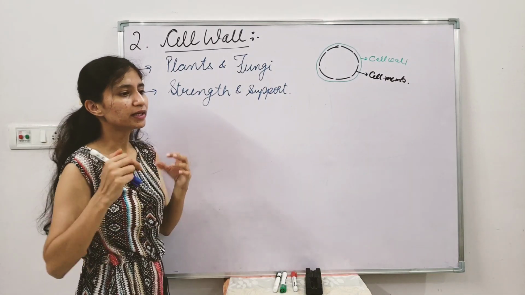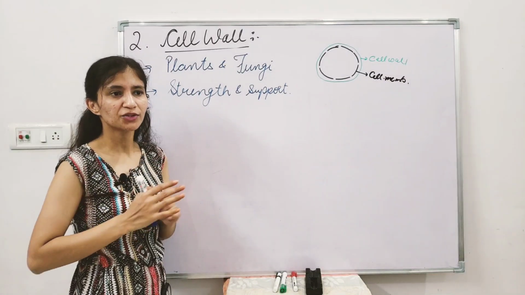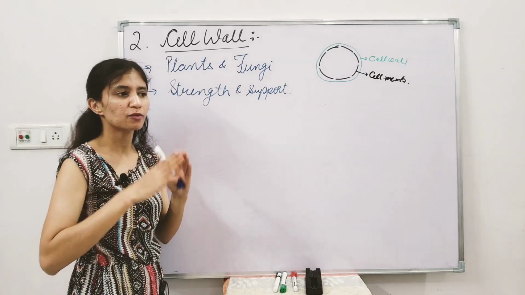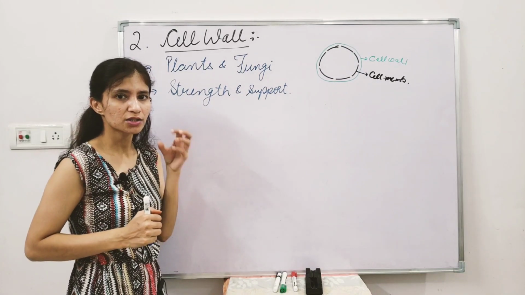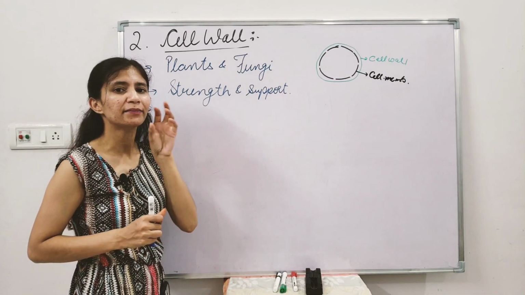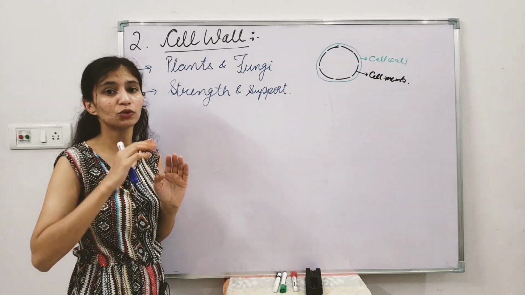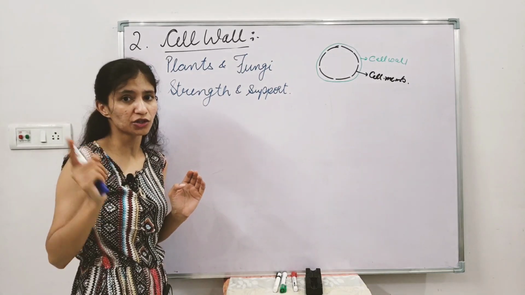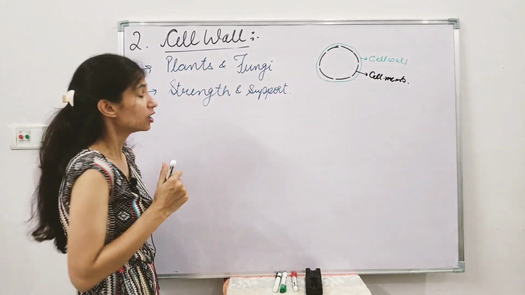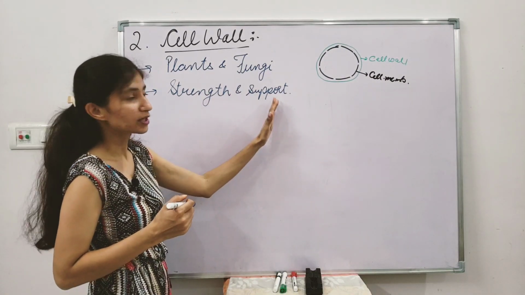In that condition they need an extra covering which can support them, provide them a solid structure, and help them withstand harsh environmental conditions. So it provides cell strength and support.